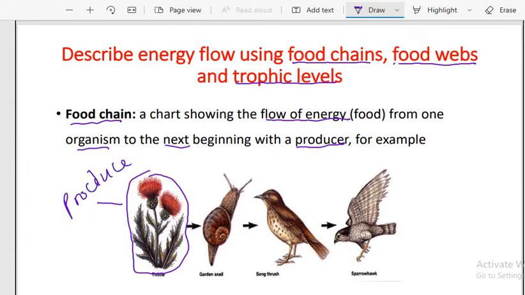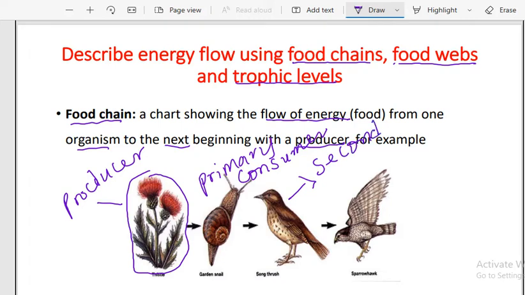The organisms that feed on producers are called the primary consumers. The organisms that feed on primary consumers are the secondary consumers, while organisms that feed on the secondary consumers are referred to as tertiary consumers.